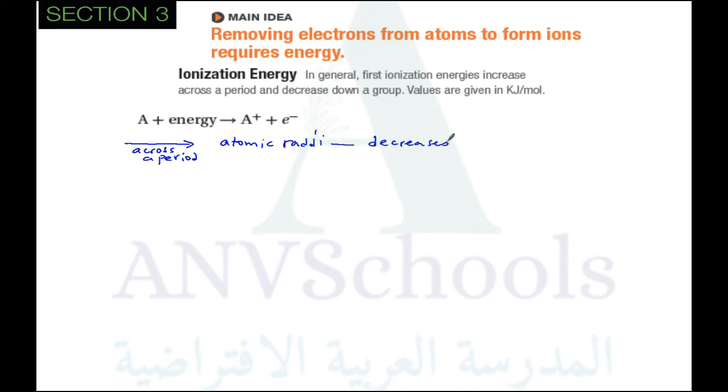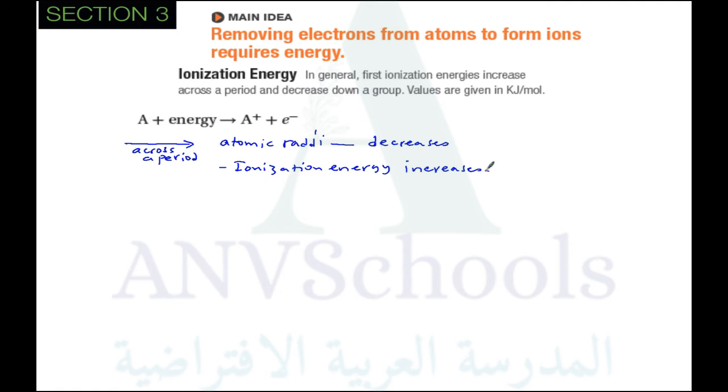The size of an atom decreases, which means the nucleus is more powerful to strictly attract the electrons towards itself. So removing the electron from this situation is very difficult. So our expectation across a period is that ionization energy increases.